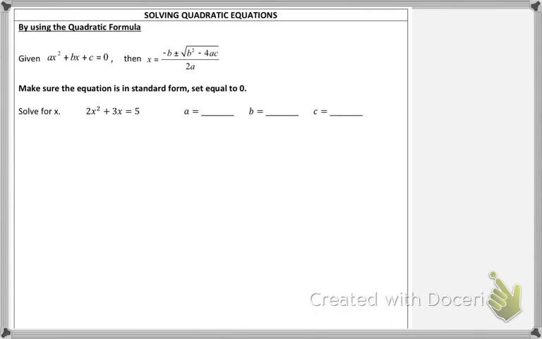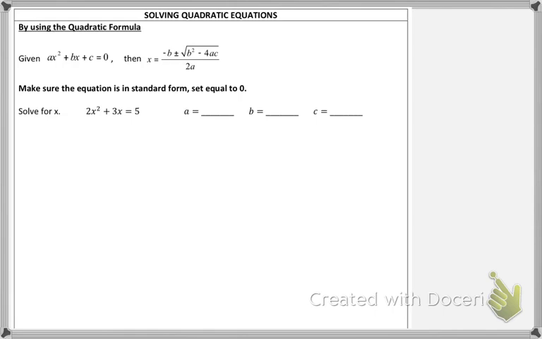So the quadratic formula says that given ax squared plus bx plus c equals 0, given any quadratic in standard form, where y is equal to 0, we can solve for x by using this formula.